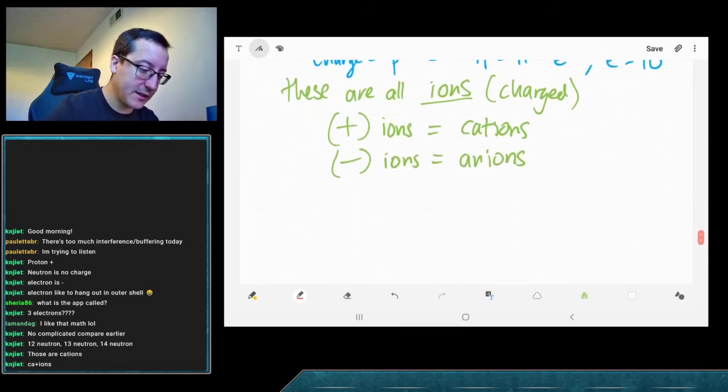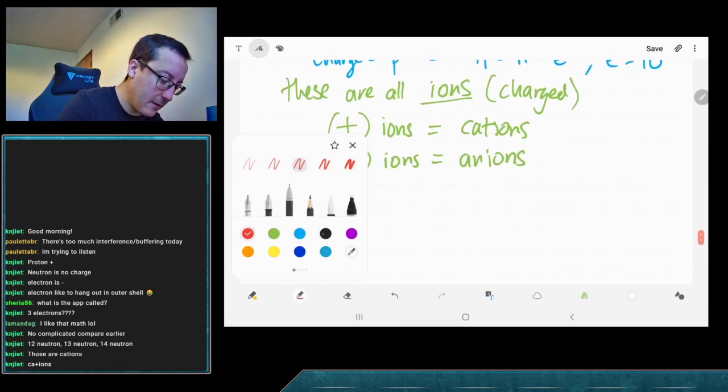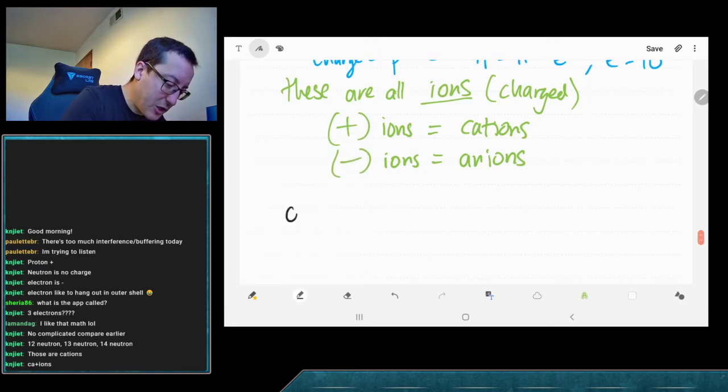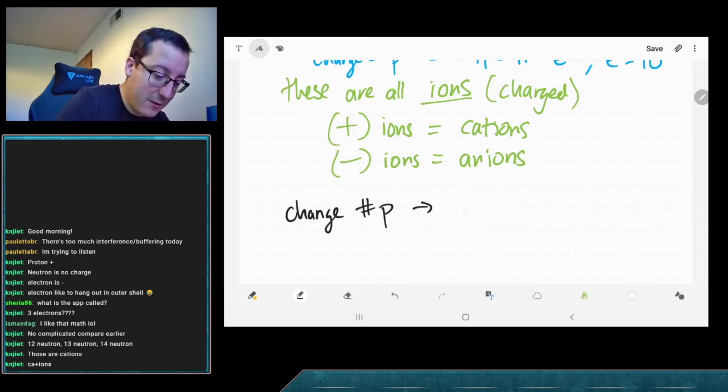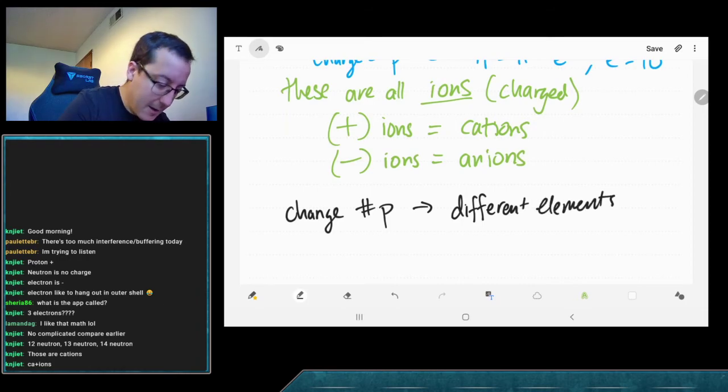If we were to summarize this, if we change the number of protons, that means we have different elements. If we change the number of neutrons, those are going to be different isotopes.